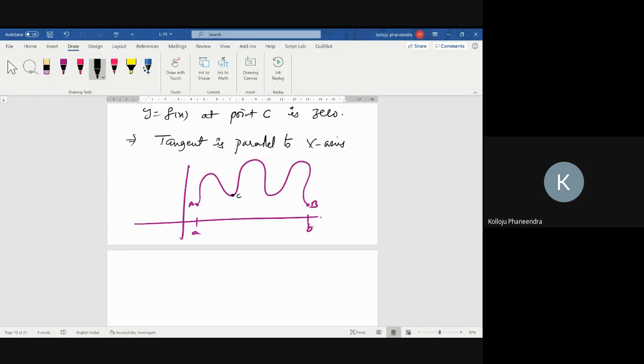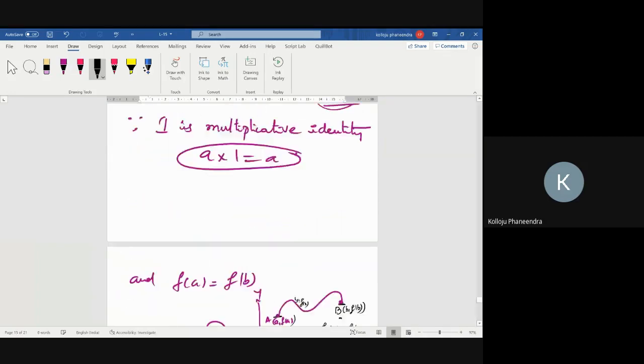If I take this point C, then draw a tangent at C; C may be here also. The tangent here is parallel to the x-axis. This is the geometrical interpretation of Rolle's theorem.